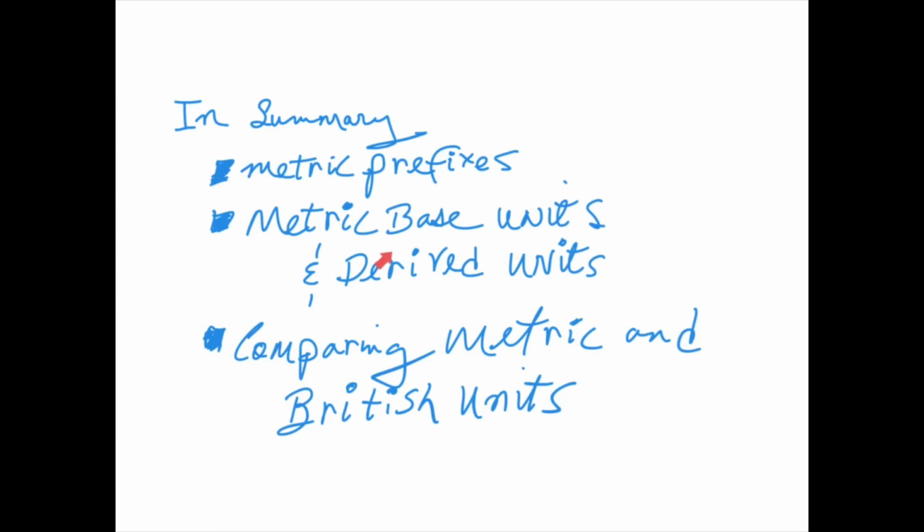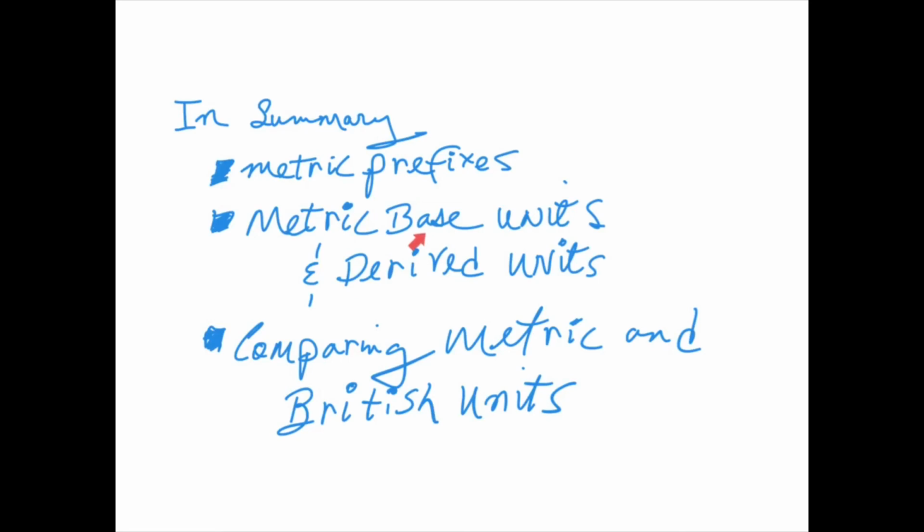We also discussed metric base units and derived units. There are 7 basic physical dimensions or quantities in the metric system. We will primarily use just 3 of them: length, mass, and time. The base metric unit for length is the meter. Any metric unit that involves length must be in meters.